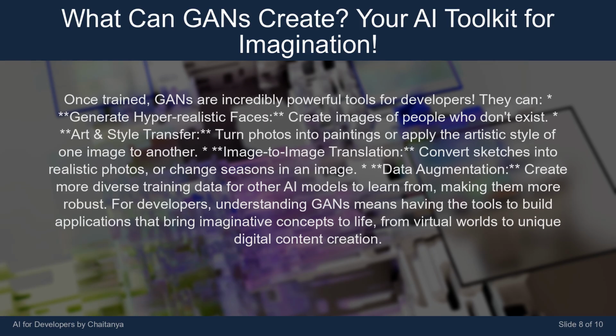Image-to-image translation: convert sketches into realistic photos, or change seasons in an image. Data augmentation: create more diverse training data for other AI models to learn from, making them more robust. For developers, understanding GANs means having the tools to build applications that bring imaginative concepts to life, from virtual worlds to unique digital content creation.